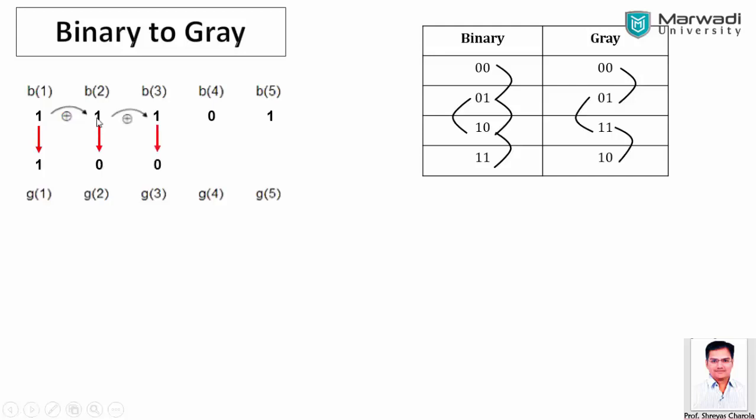Again, XOR of B2 and B3 gives 0. XOR of B3 and B4 gives 1. And 0 XOR 1 gives 1. So this is how we can convert from binary to Gray number.